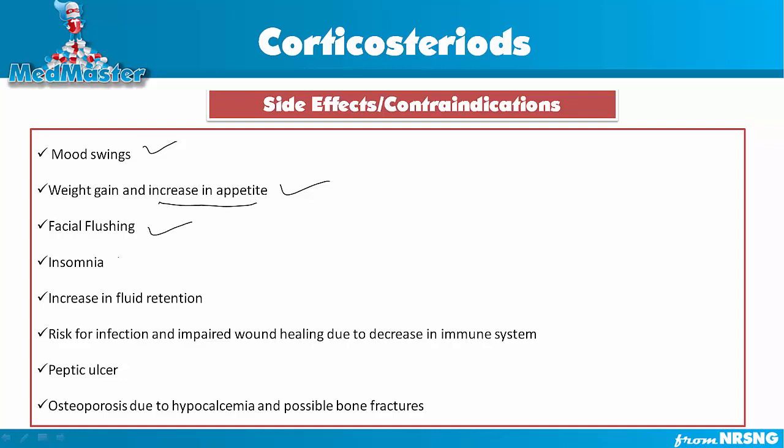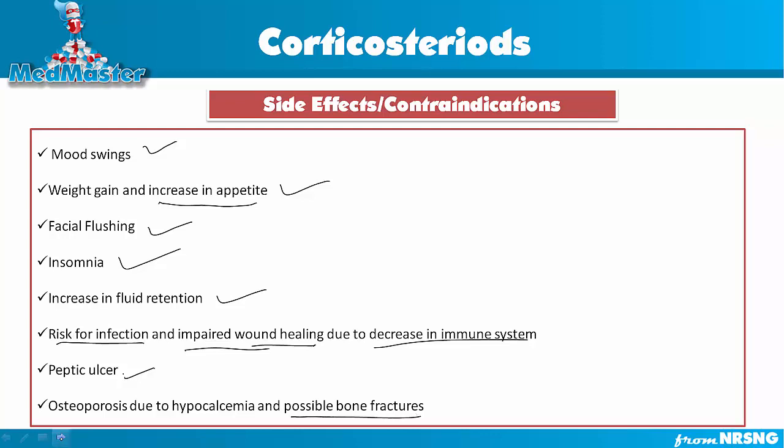Facial flushing, insomnia, it causes increase in fluid retention, risk for infection because the immune system is going to be suppressed. So risk for infection, impaired wound healing due to the decrease in immune system. It can cause peptic ulcer. Now, this medication can cause osteoporosis because it decreases the absorption of calcium, and can cause possible bone fractures.